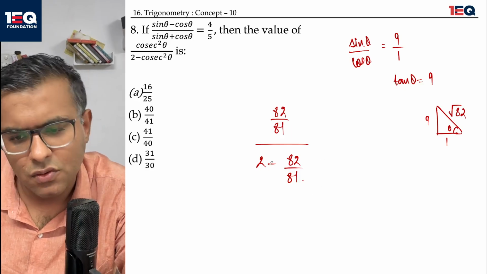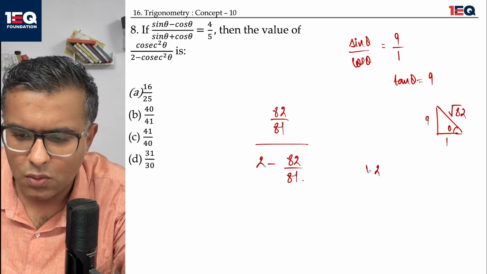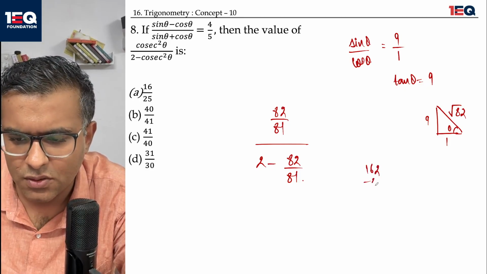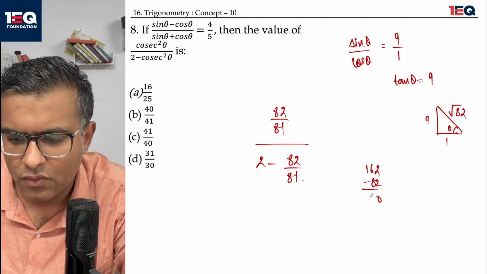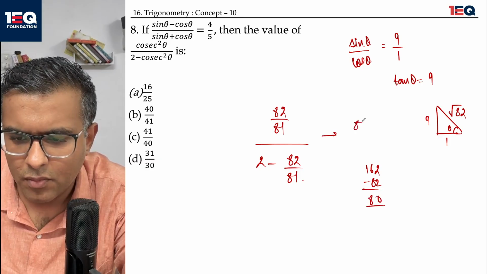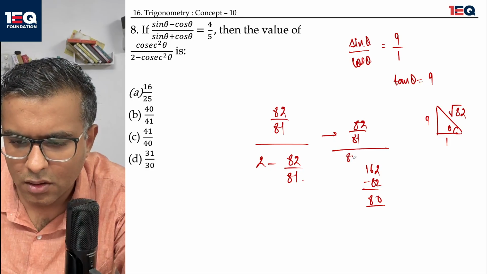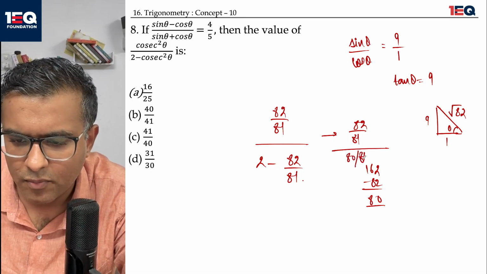So 81 twos is 162. 162 minus 82 would give me an 80. So this would become 82 over 81 whole divided by 80 over 81.